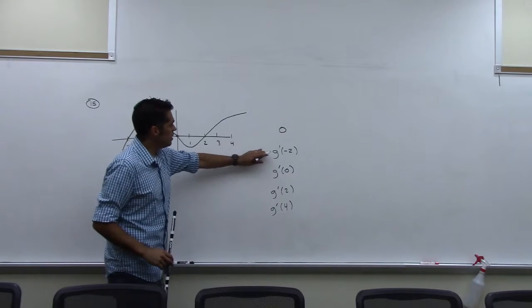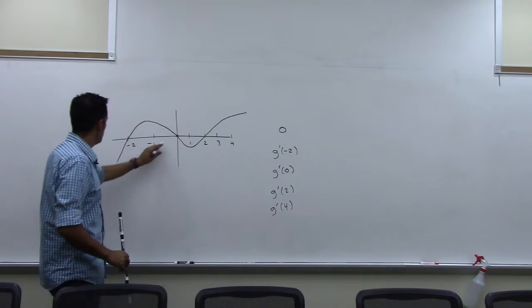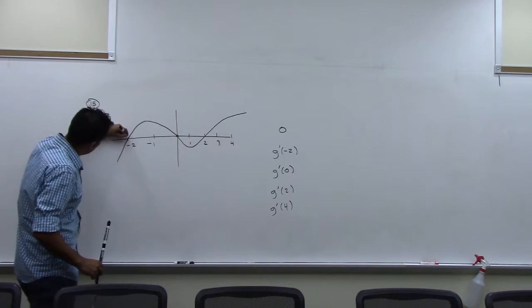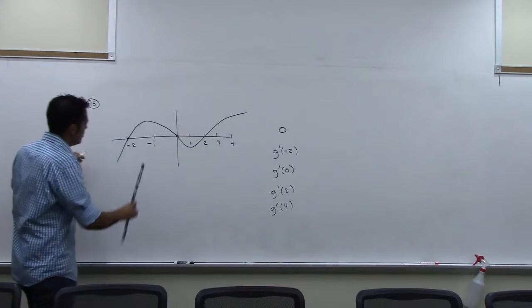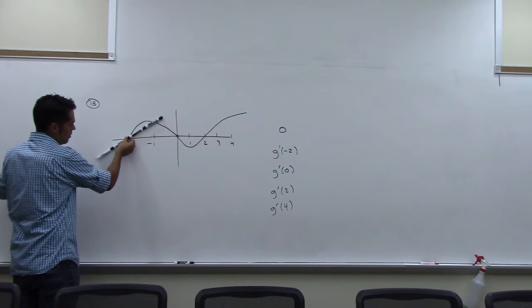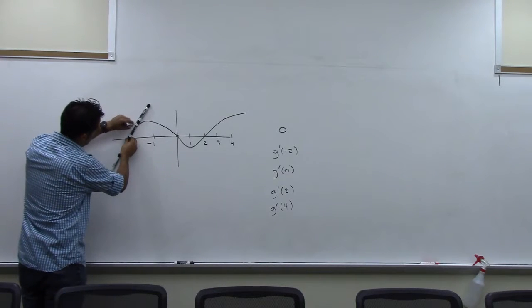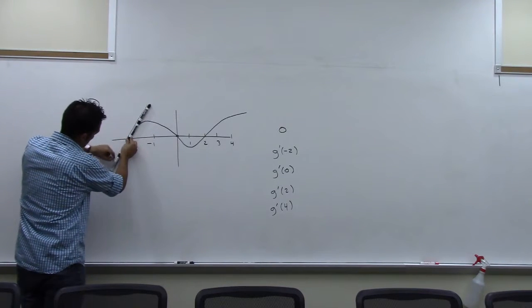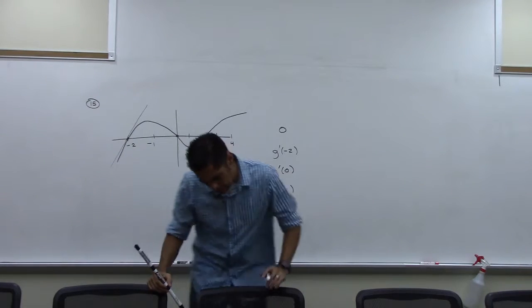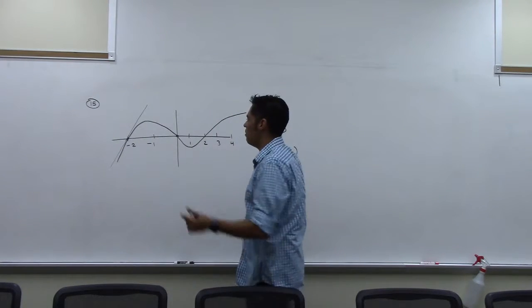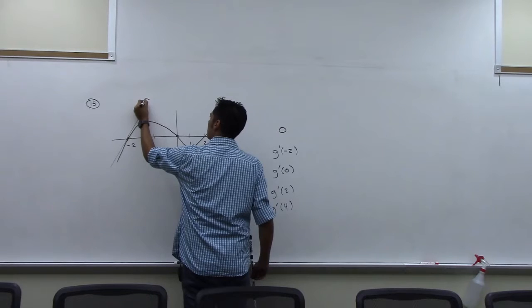So let's look at the derivative at -2. I come over here to -2, I take a look at this, and I try and imagine what the slope of the tangent line would be there. It looks to me like that slope is approximately 1.